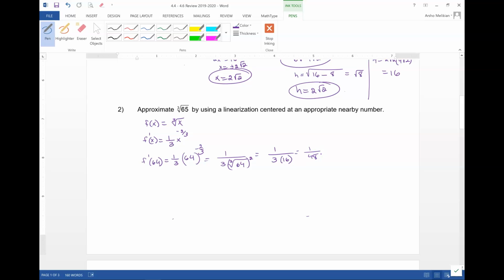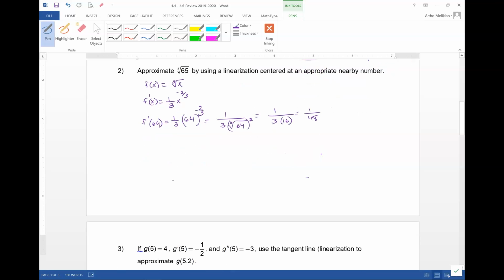So what's my linearization now? I also need f of 64. And that's just the cube root of 64, which is 4. So tell me L of x. What is it? 4 plus, right, the slope times x minus 64.